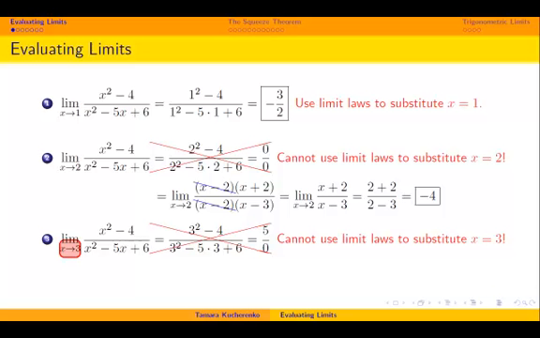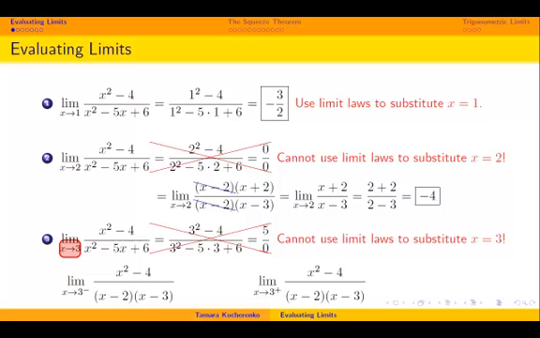Limits of the form non-zero constant over 0 are either infinite or do not exist. To determine which answer most accurately describes the behavior of the function near x equals 3, we investigate the one-sided limits.